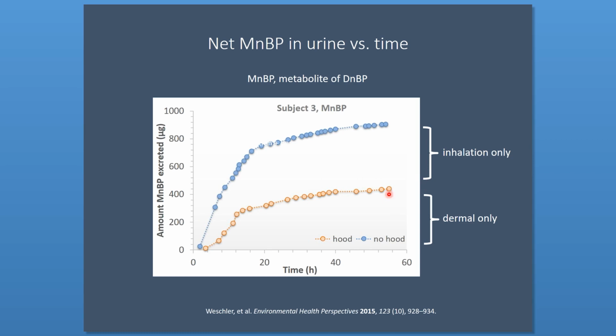What's not shown here is that if the actual exposure during the first 6 hours had been allowed to proceed for much longer, the dermal component of this would actually increase quite a bit. And I won't go into the details of why that is. This was not what we call a steady state experiment. It was a short dynamic experiment, which only gives us a hint about how much dermal uptake would occur.